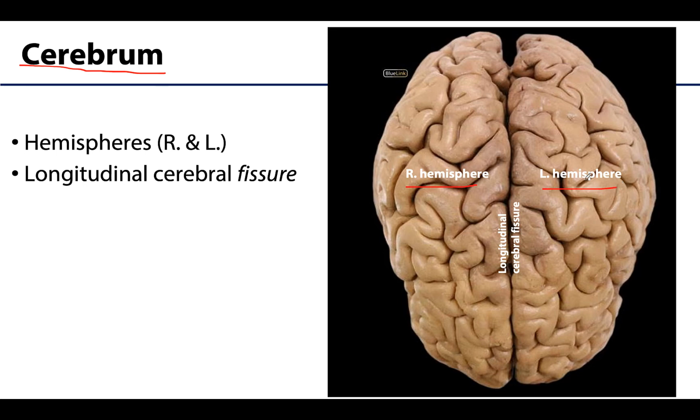You can see that the cerebral hemispheres are separated by this longitudinal cerebral fissure, so a very dominant fissure between the two parts of the cerebrum. And during life, there will be a dural partition associated with this region, which is that large falx cerebri.